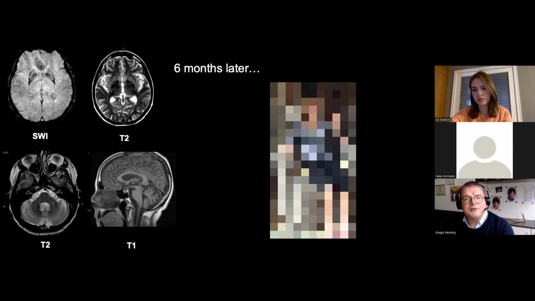This also shows you the iron deposits here on that sequence. And you can almost appreciate the beginnings of a hot cross bun sign in the vertical plane. There is a natural history of the hot cross bun sign as well. It usually starts here vertically, and then the horizontal hyperintensity comes later. There's also cerebellar atrophy.